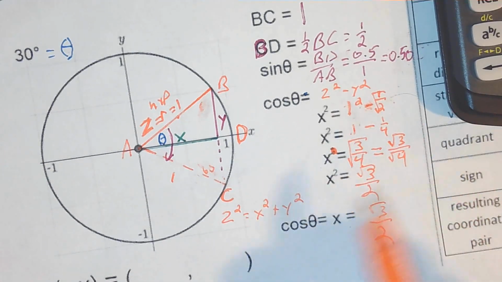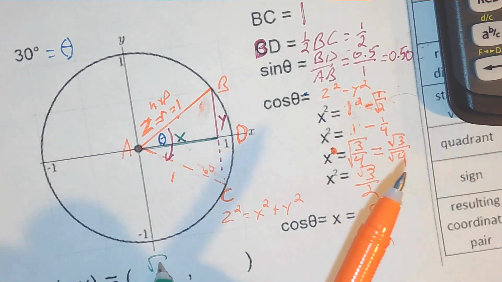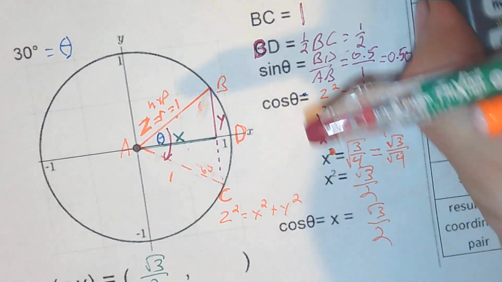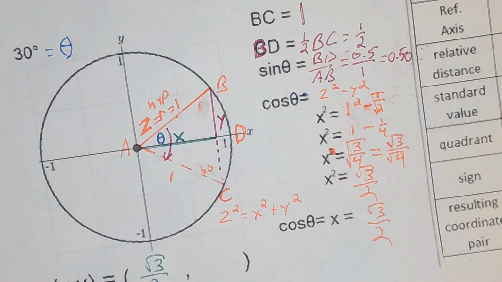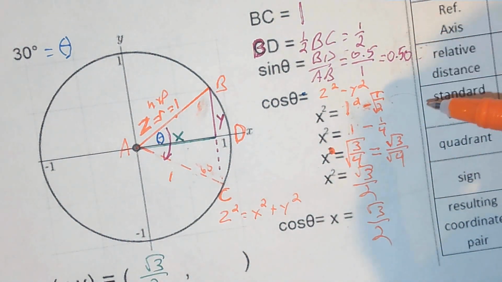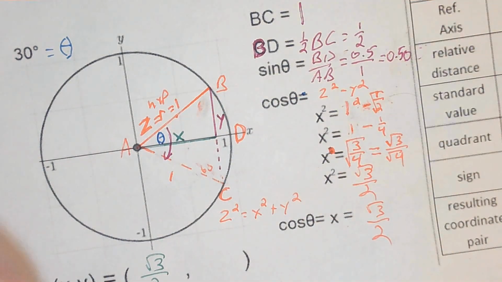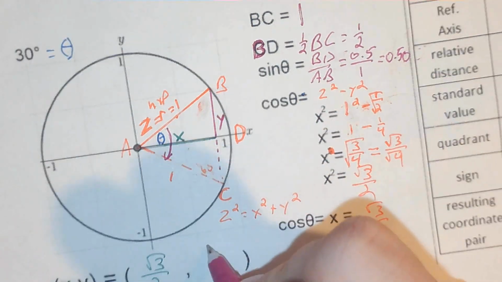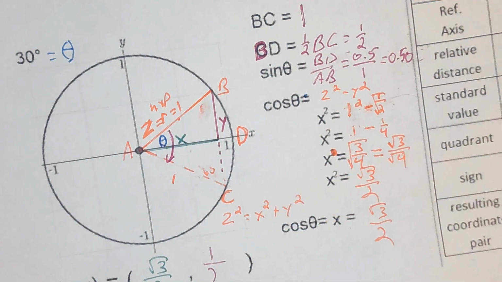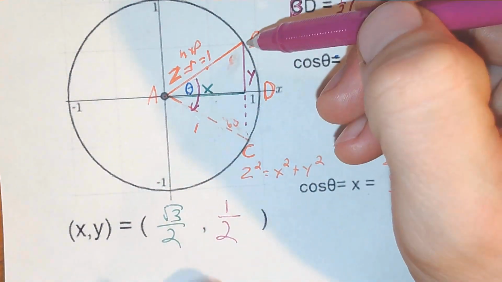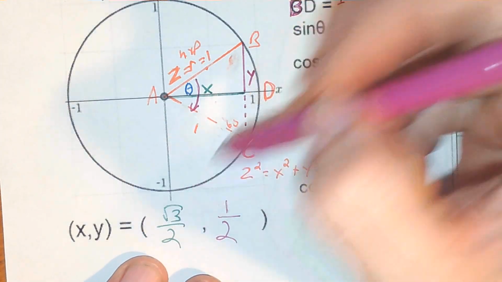All right, so our x value, this actually should all be green, sorry about that, our x value is square root of 3 over 2. And our y value is 0.5, or 1/2. Those are the 2 points for this point pair: square root of 3 over 2 and 1/2.